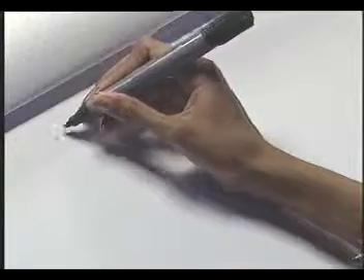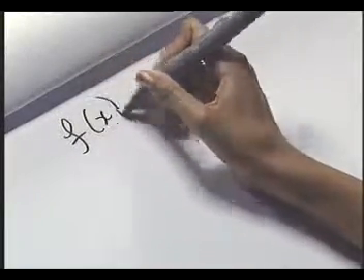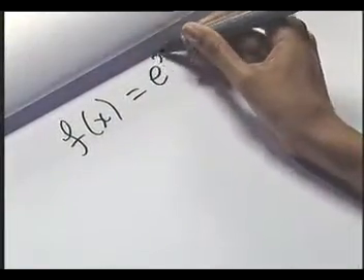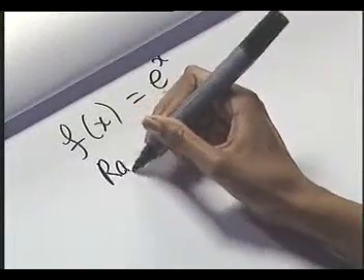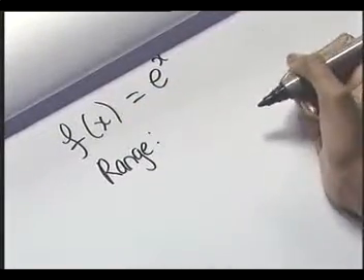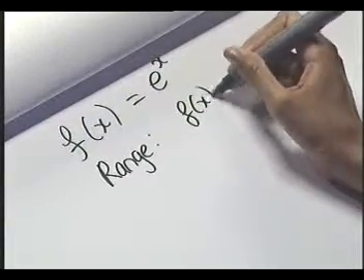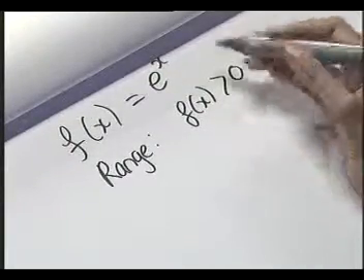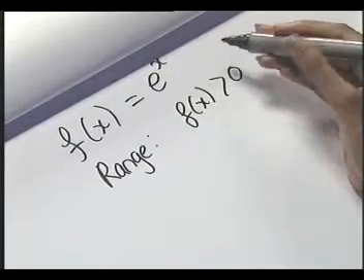The values of x for which g f is defined is called the domain of g f. The range of a function is the set of all the values a function can take. So for example, if f of x was e to the x, the range is given by f of x is greater than 0, because e to the x can only be greater than 0.